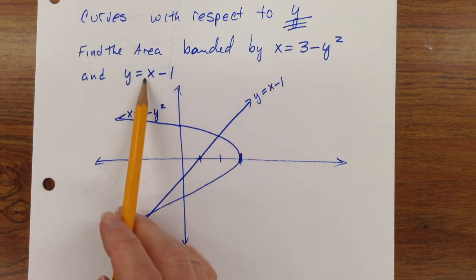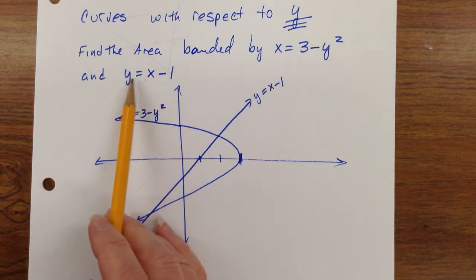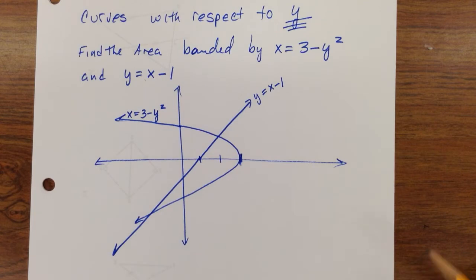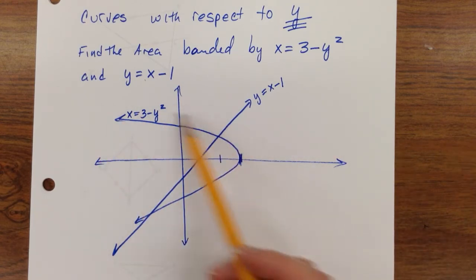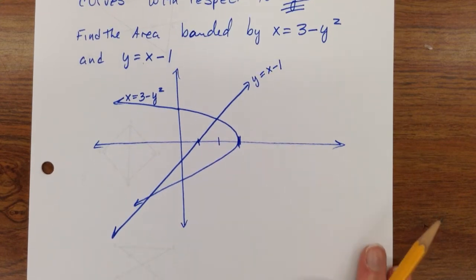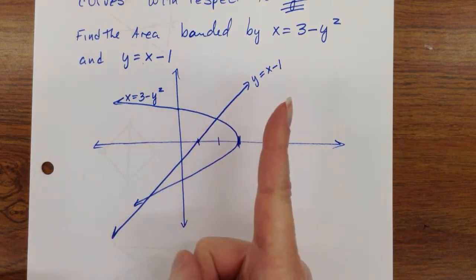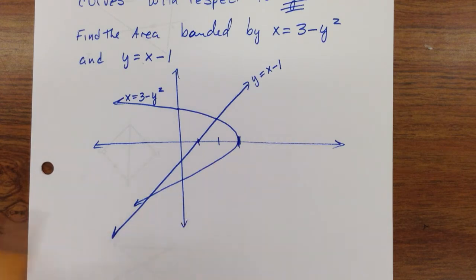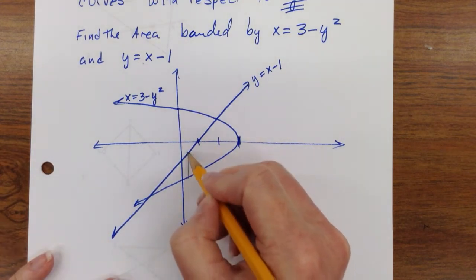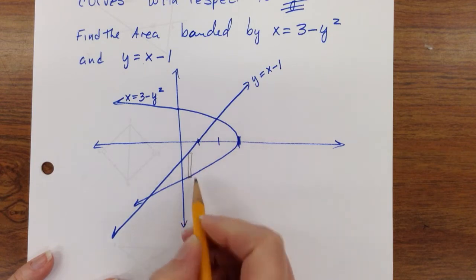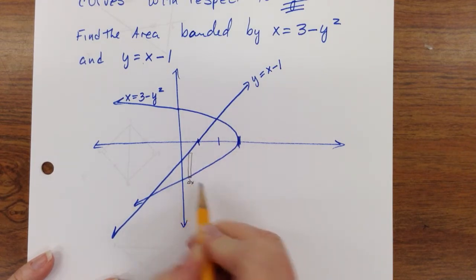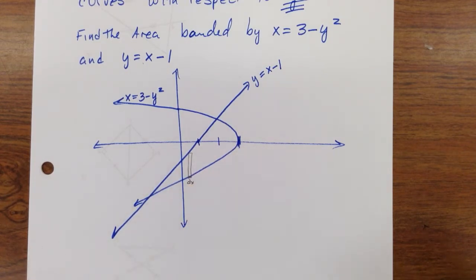And the other curve is a line, y equals x minus 1. So I've drawn them here. Here's the parabola. Here's the line. Now, I want you to think back to when we did area and Riemann sums and rectangles. If I set my rectangles up vertically, in other words, where the width is horizontal, so the width is a small change in x, there's going to be a problem.